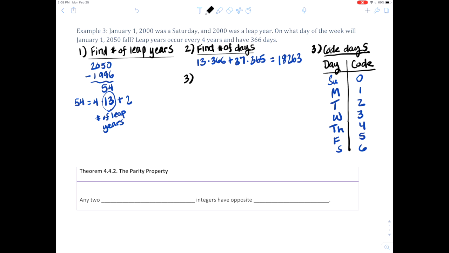So we need to figure out our mod expression, because what we're really looking for is the remainder when we divide the total number of days plus our coded day by 7. So we want to figure out n mod d.